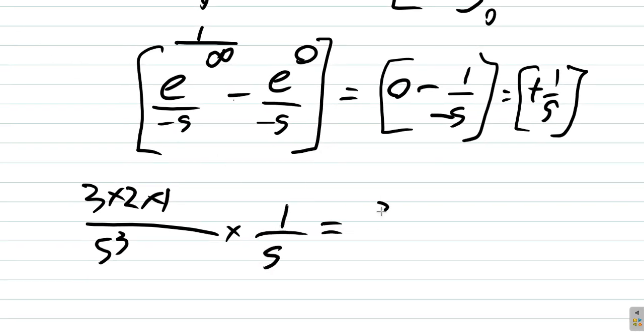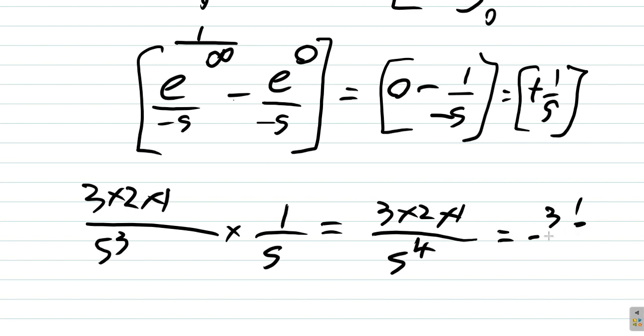Now this will be 3 times 2 times 1 times 1. Well, we would need to repeat this times 1. When you multiply by 1, you get back the same thing. This over s to the 3 times s. But s to the 3 times s is s to the 4. So what this gives you is 3 factorial over s to the 4.